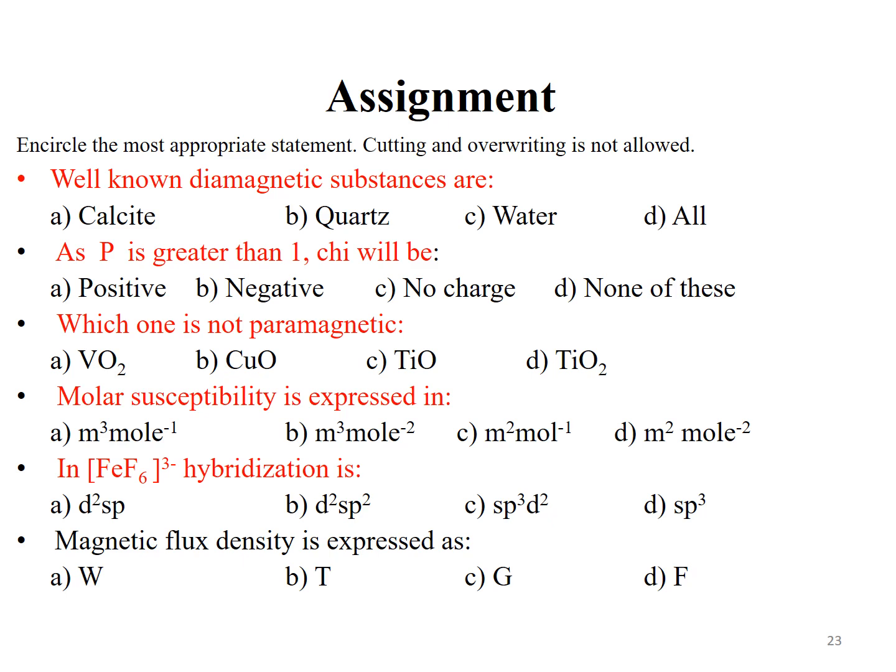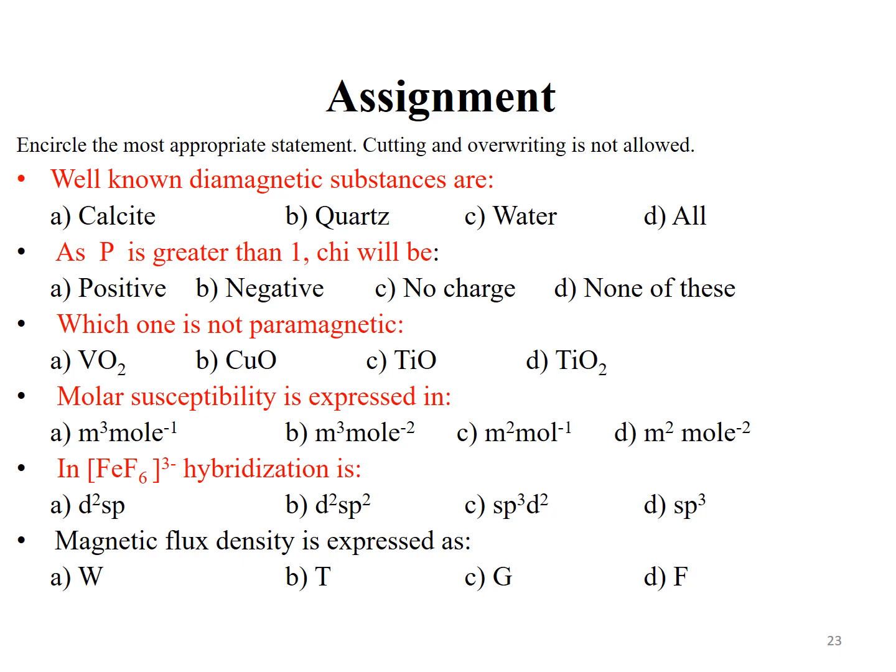So the first question is, well-known diamagnetic substances are calcite, quartz, water, or all of these. Quartz, you know, is silica. Calcite is a calcium salt. So you must give me the answer. If P is greater than 1, then Chi will be? P means magnetization.